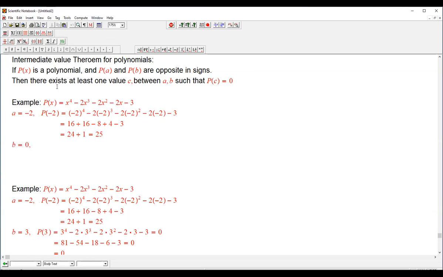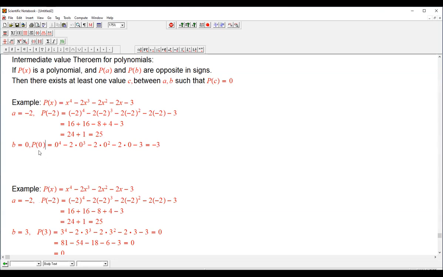How about that? So what is P of 0 equal to? P of 0, of course, equals -3. This time the theorem applies.